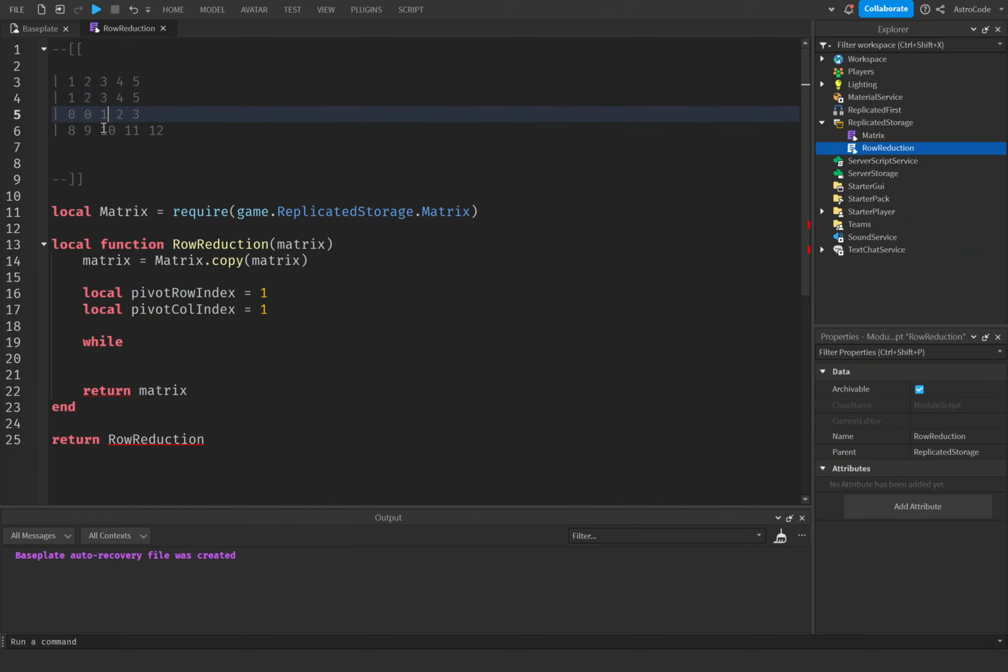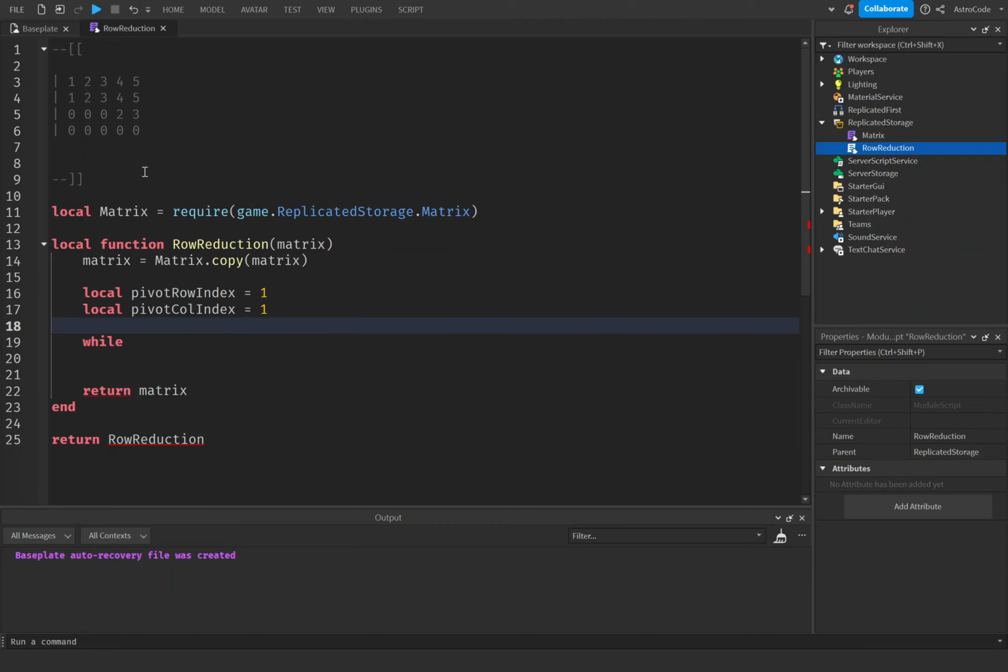And then, oh goodness, that's what I meant to do. Then we go to the third row. Sorry, examples on the spot are hard. Then we go to the third row, and so we expect to find the pivot here, because we were moving diagonally, but actually the pivot's not there. We have to go to the right. So this is a case where you'd have to only increment the column, but not the row.